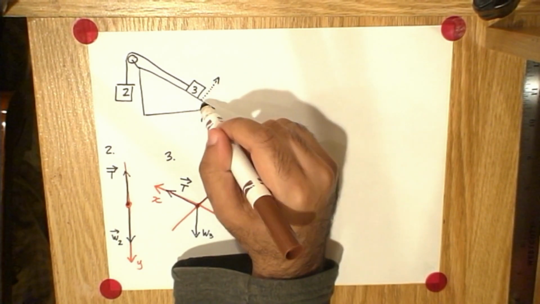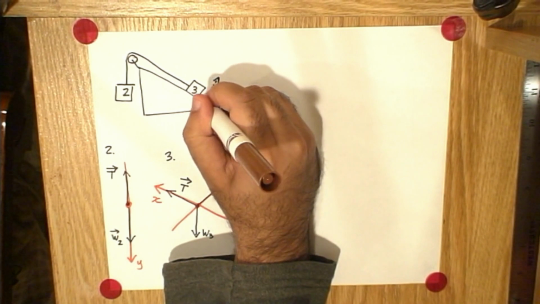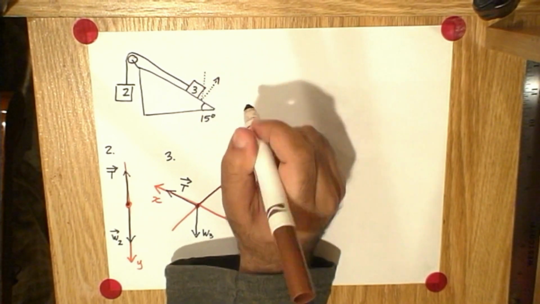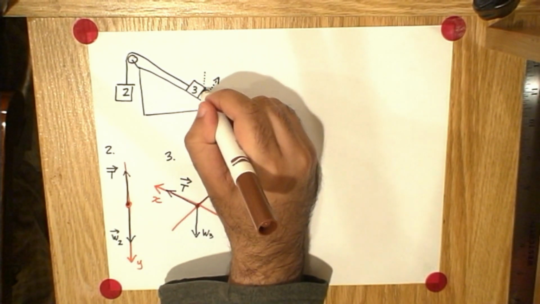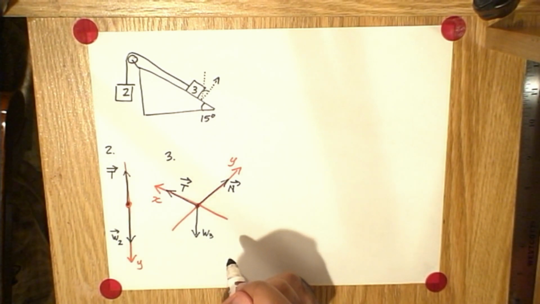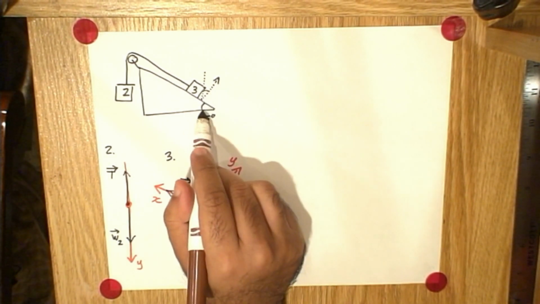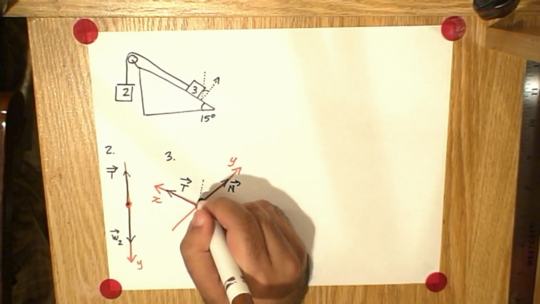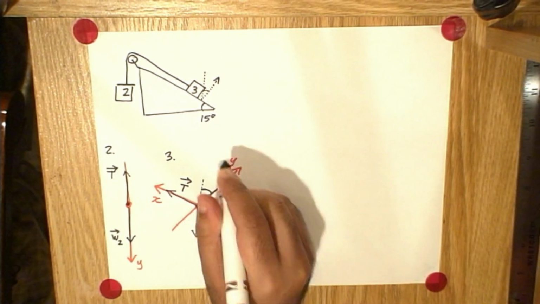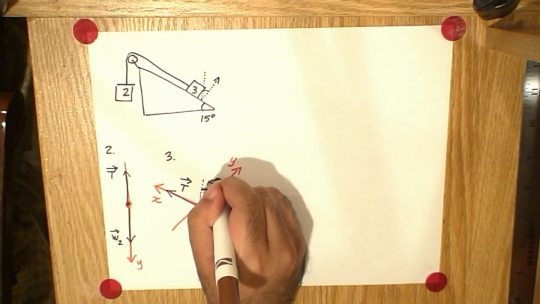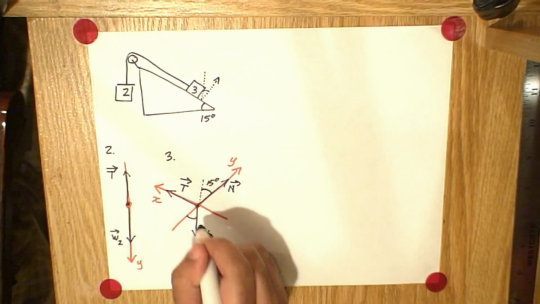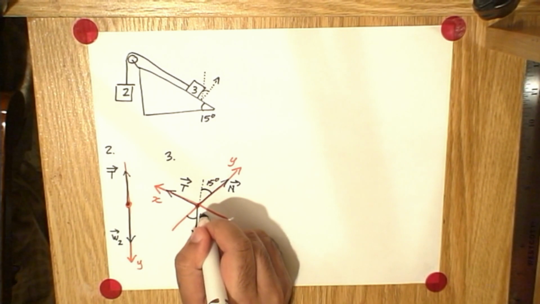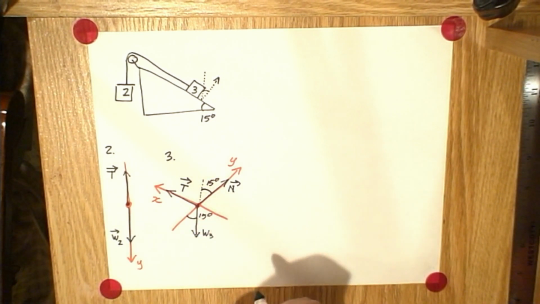If the normal force had been on a flat surface, it would have pointed straight up, like that. But because it's on a tilted surface, it gets pulled away from the vertical by 15 degrees, the same as the angle of inclination. So that means that the angle between the vertical and the normal force is 15 degrees, and therefore the angle between this weight and the normal is also 15 degrees.